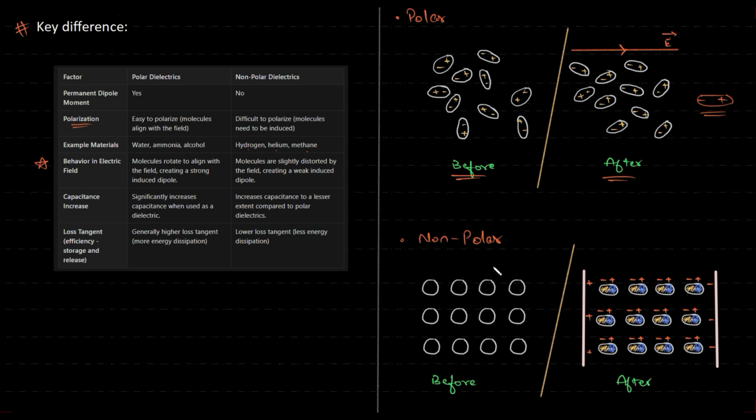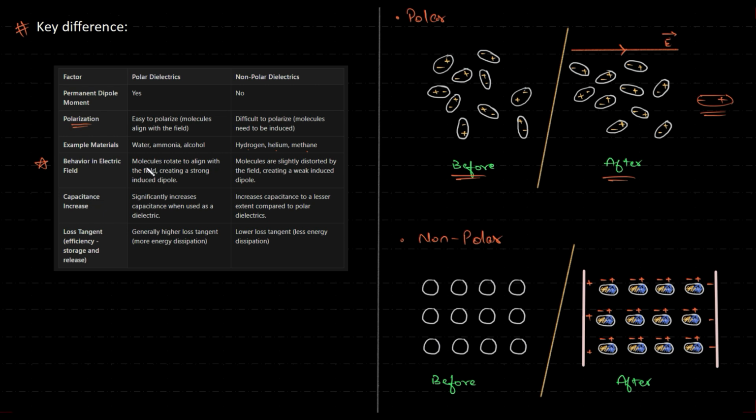Non-polar also does this, but here it's a bit more difficult. Molecules in a non-polar dielectric are slightly distorted by the field, creating a weak induced dipole. That is how you have to present it.